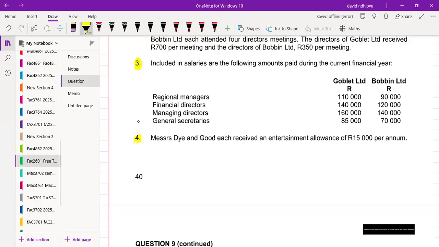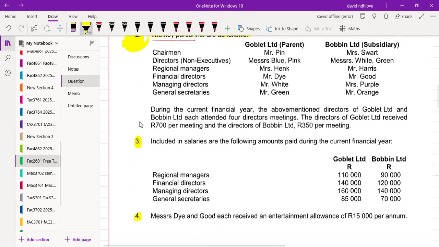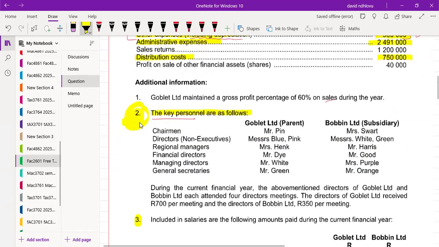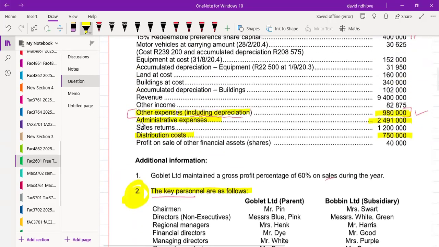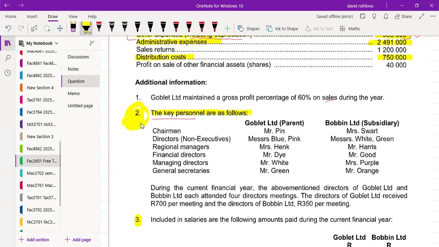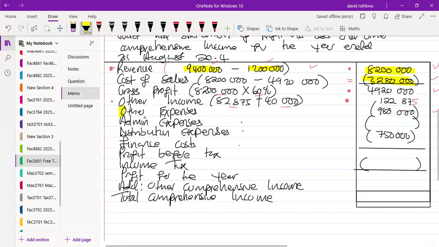Now, this information for the directors, you are not being given that for changing the figure there. You are given that information always for the note that you are going to compile. So there is nothing that we are changing. As long as you see that the administrative expenses are affected by information on directors, don't change anything. So you take it as it is, and therefore we've got a figure of 2491,000 here, which we bring.